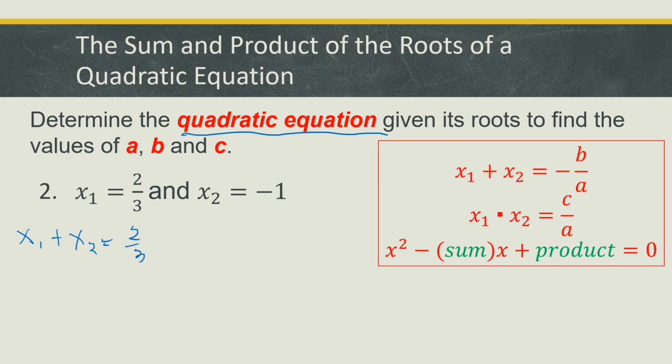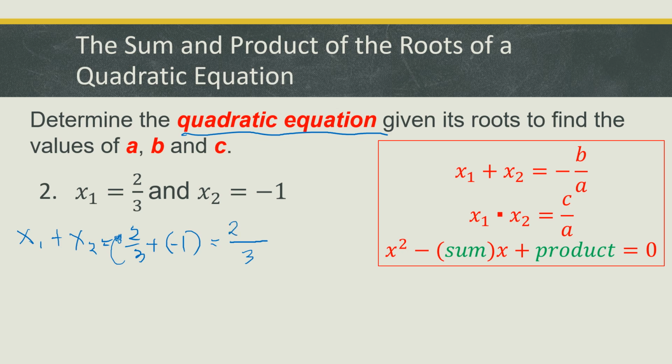We have 2/3 plus negative 1, or basically, that is 2/3 minus 1. So, get their LCD. Since the LCD is 3, we need to divide 3 by 3, which is 1, and then multiplied by 2. And that is 2.